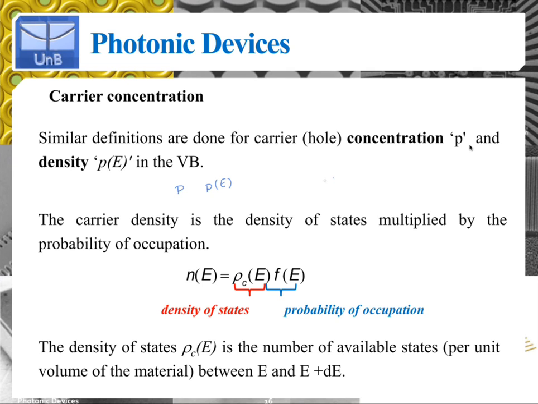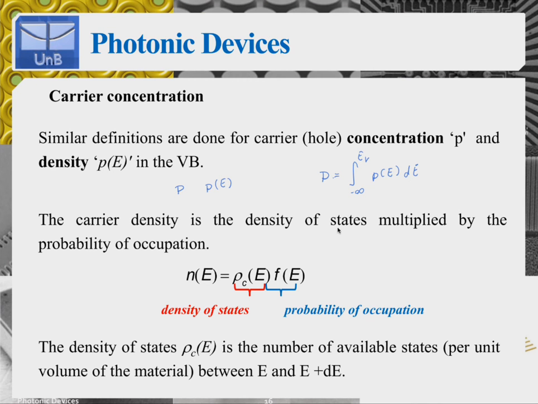And you can also write that the hole concentration is equal to the integral from minus infinity to the edge of the valence band, so let's call this EV, of P of E, the hole density over this range.